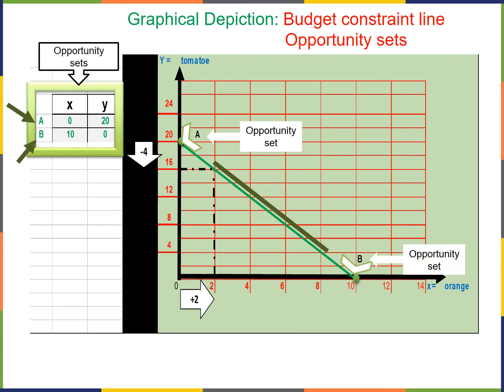B, the other opportunity set, which is 10 oranges and 0 tomatoes, is represented right there on our graph, and that is the second opportunity set. With those two opportunity sets represented on our graph, we can now join both A and B, and that gives us our budget constraint line.